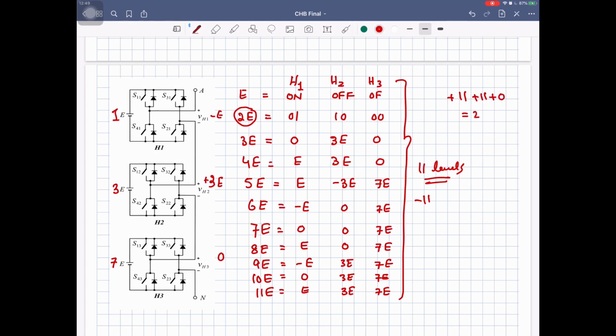So total number of levels will be 23. So 23 levels are obtained when you have 1E, 3E, and 7E in the output voltage waveform, right?